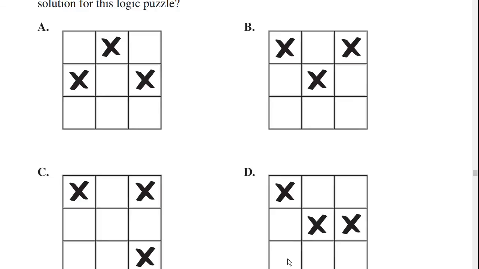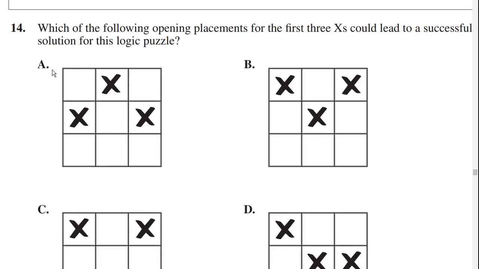We can't put 2 x's up here because that would create a tic-tac-toe. So let's try putting an x here and an x here. Then we're stuck. We still have to place 1 more x. If we put it here, we'd have a tic-tac-toe this way. If we put it up here, we'd have a tic-tac-toe this way. So D is out. The only possible solution is A.